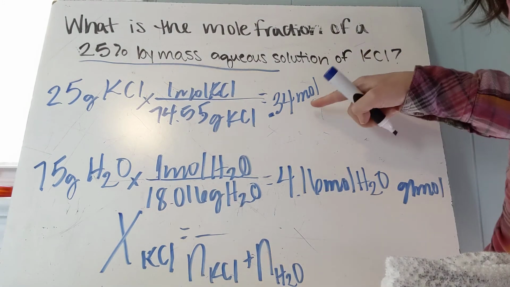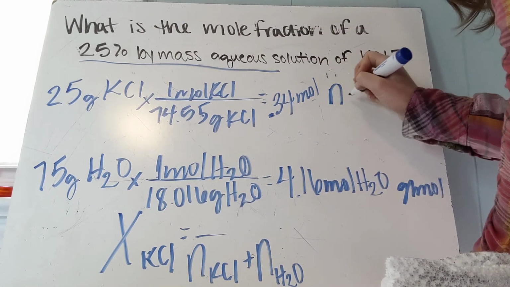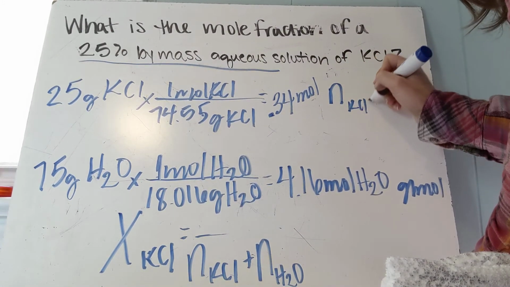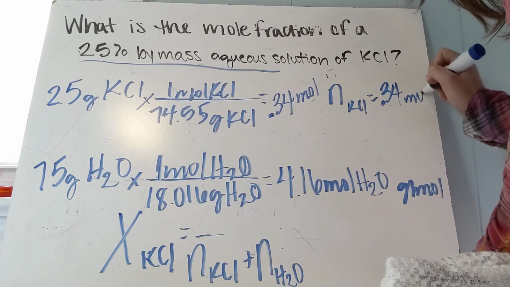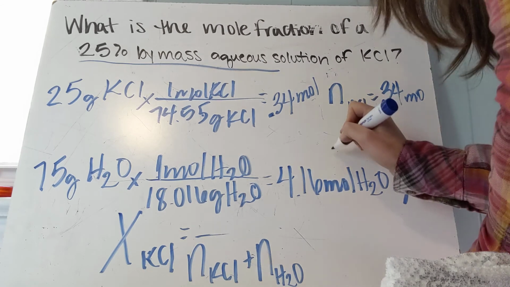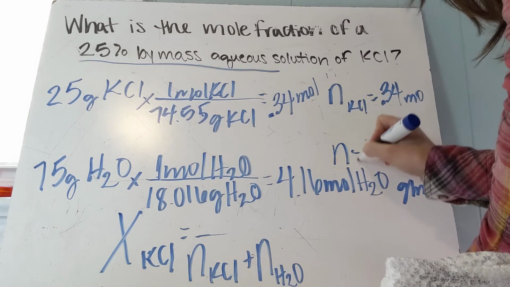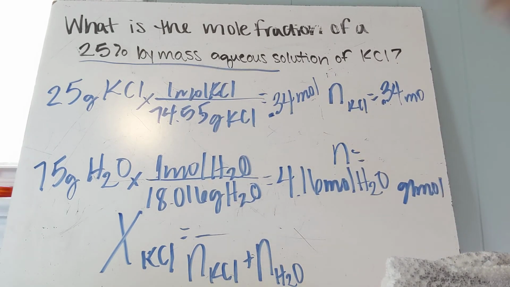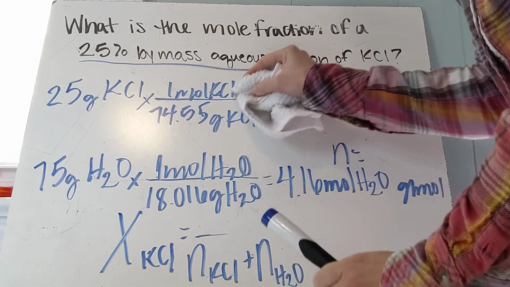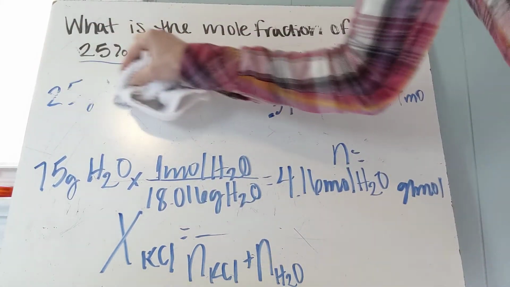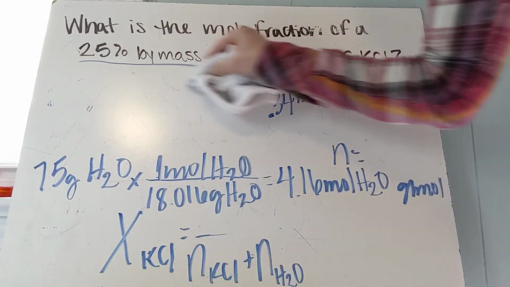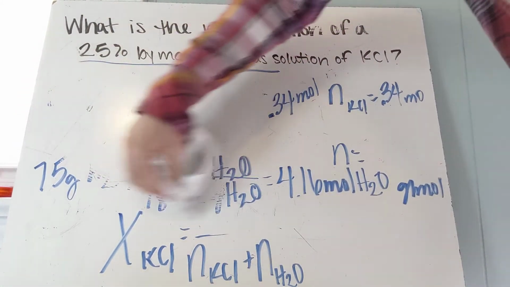I'm going to write this 0.34 is the N of KCl. And this is the N of H2O. And I'll erase all of my math for that so we have enough room to work with.